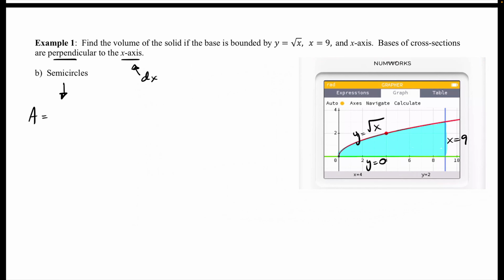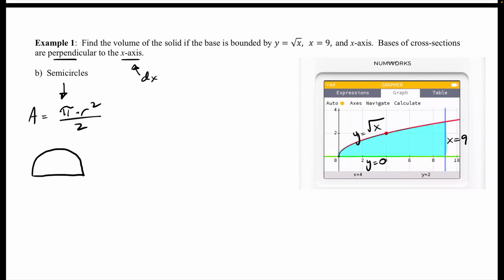Pi times radius squared divided by 2. There you go. A semicircle is just half a circle. So area equals pi times radius squared divided by 2, or 1/2 times that, right? That's the formula that's going to go in here because it's a dx, because it's perpendicular to the x.